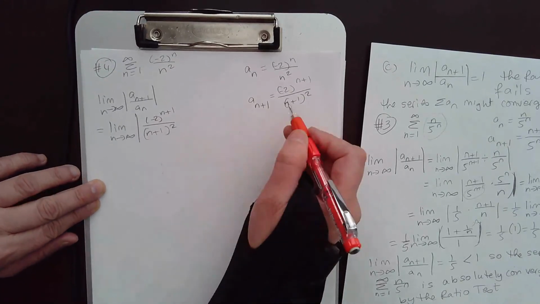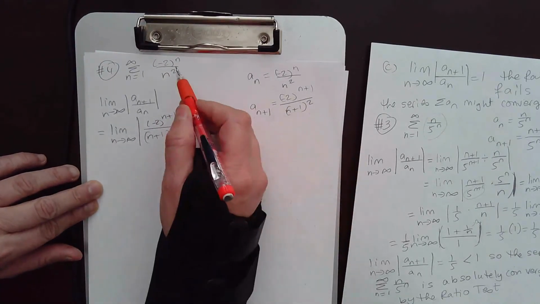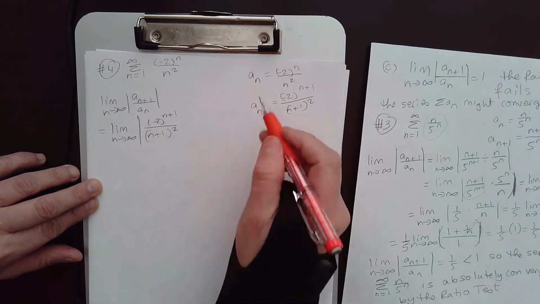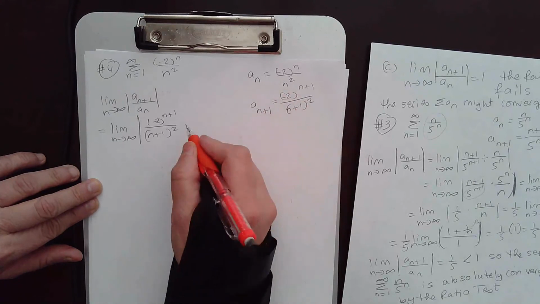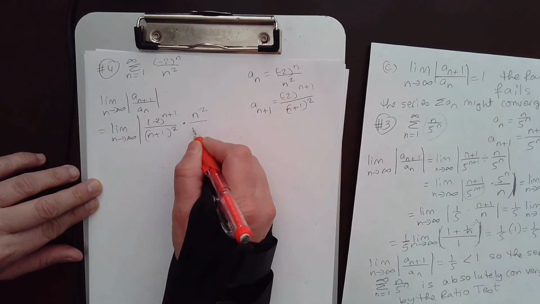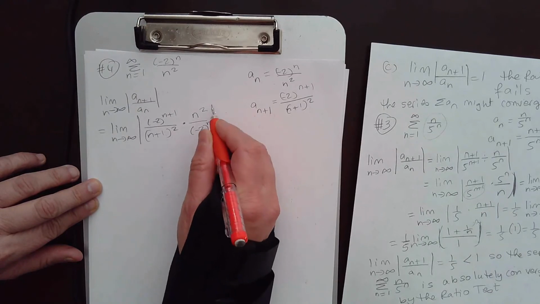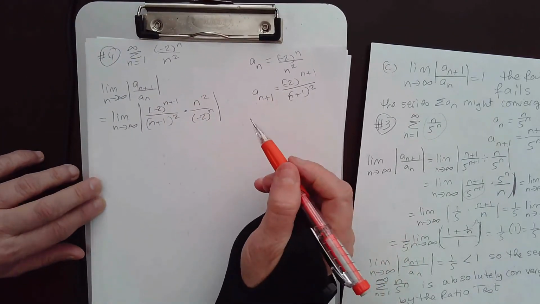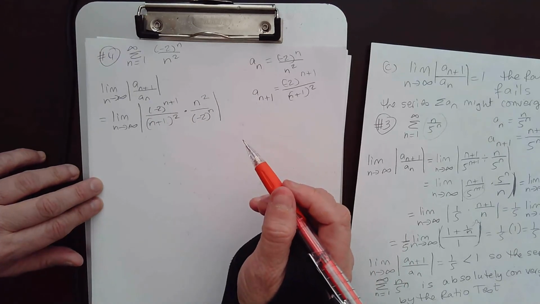You don't have to write it on the side, maybe you can see it from here directly. Divided by a_n, or you can flip it directly, so you have times n squared over negative 2 to the n. So this is a_(n+1) over a_n. We're going to simplify just like we did before.